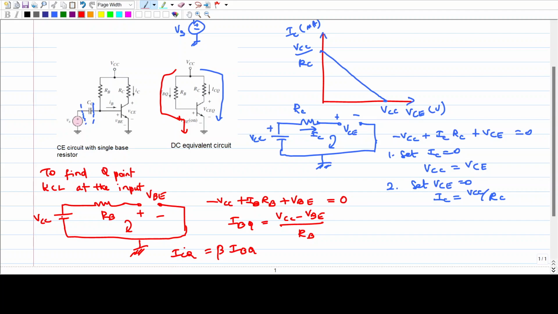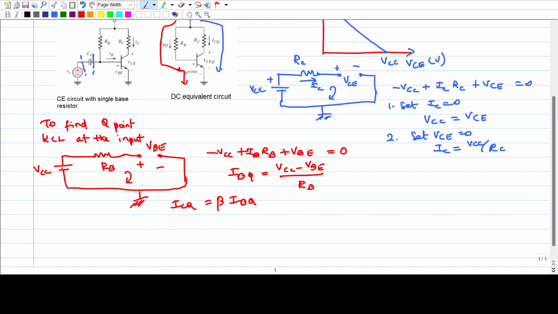The next thing is to find VCEQ. For that, you have to write KVL at the output. This output equation we have already written: minus VCC plus ICRC plus VCE equal to 0.